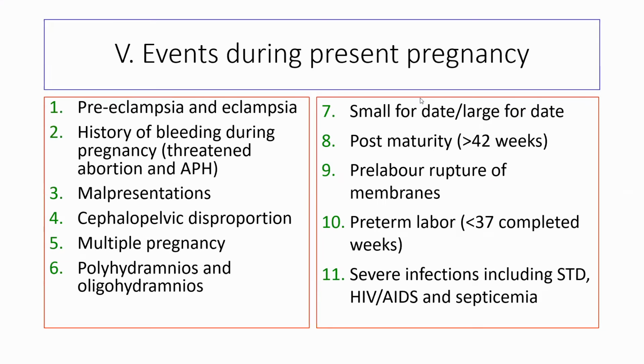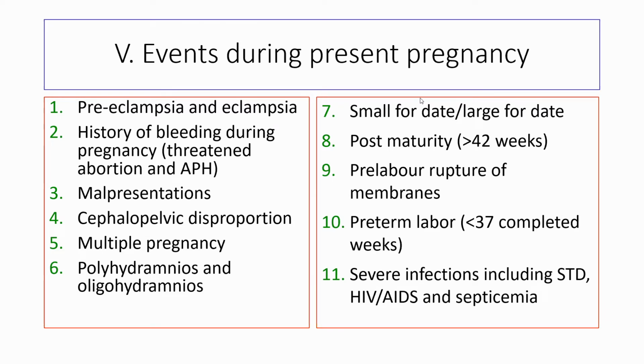And similarly, events during the present pregnancy, if the patient develops hypertensive disorder like preeclampsia, eclampsia, bleeding during pregnancy, malpresentation, CPD, meaning when there is disproportion between the fetal head or the fetal engaging part and the diameter of the pelvis.